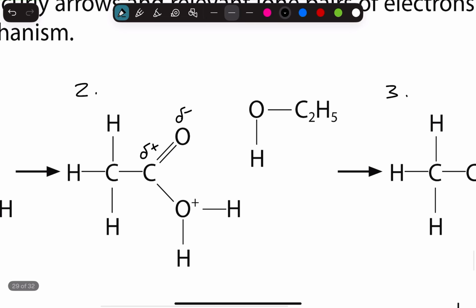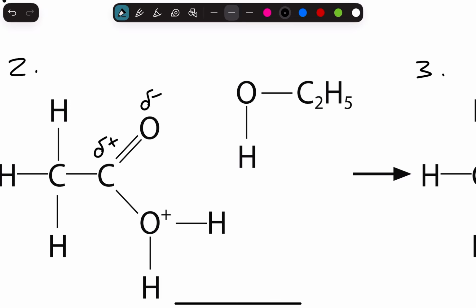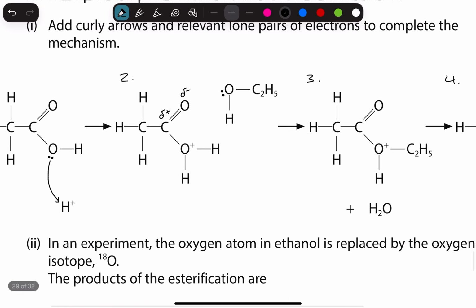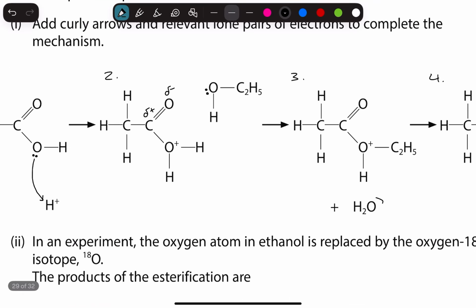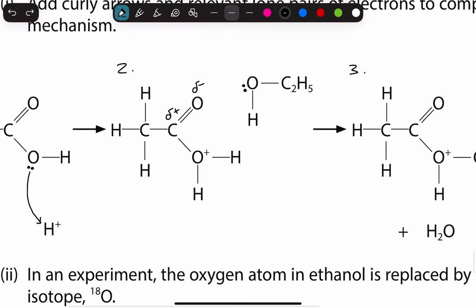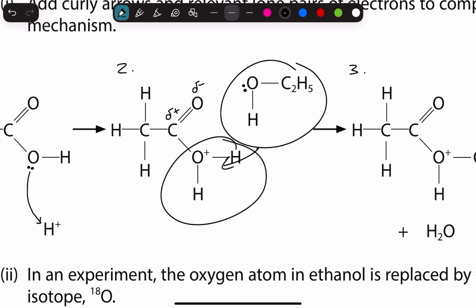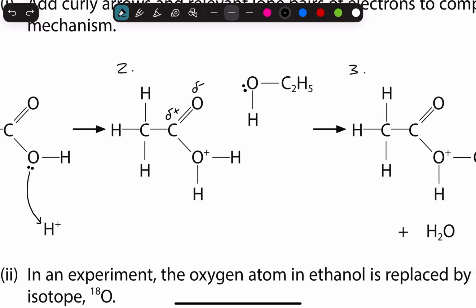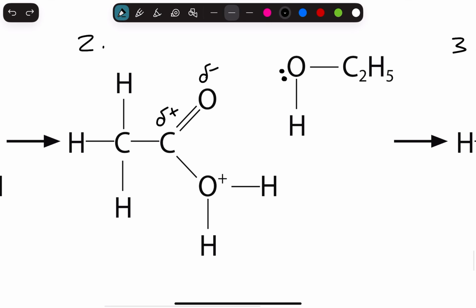The next thing is, again, we have an oxygen bonded to two groups. So again, there would be another lone pair here. Now, between the second and the third, we also have this extra water group. And this water group has come directly from this, which is also a water group. So it's essentially a substitution reaction. This group has directly substituted for this water group here. So we can say that because this carbon has a slightly positive charge, the lone pair can attack this carbon.